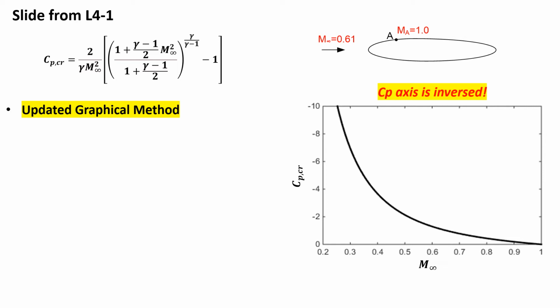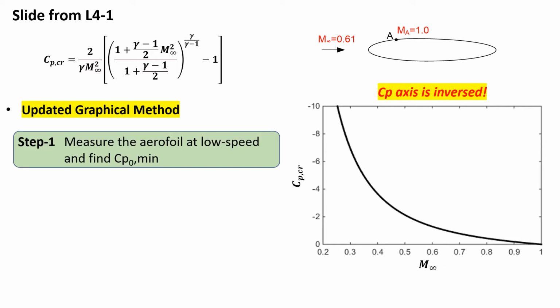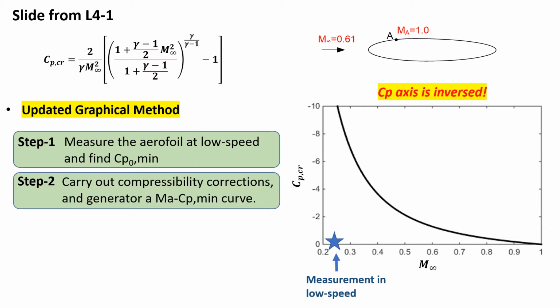Okay, so now the updated graphical method. Step 1 is measure the airfoil at low speed and find the CP0 minimum. So we can do such a measurement and get the minimum pressure coefficient. And step 2 is carry out compressibility corrections and generate a Mach-CP curve.